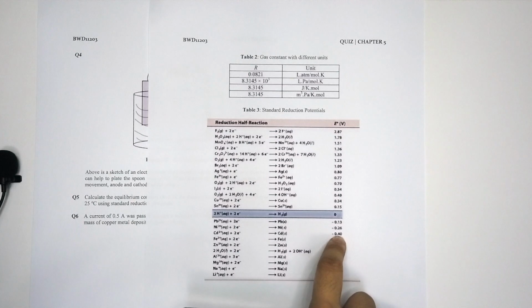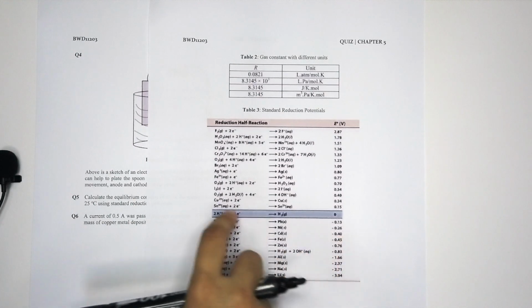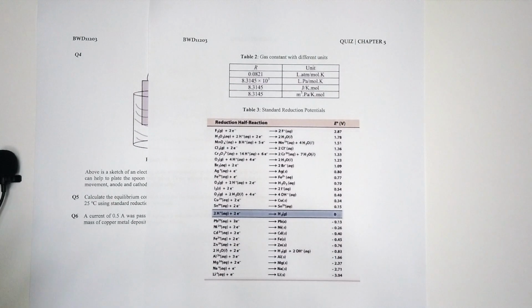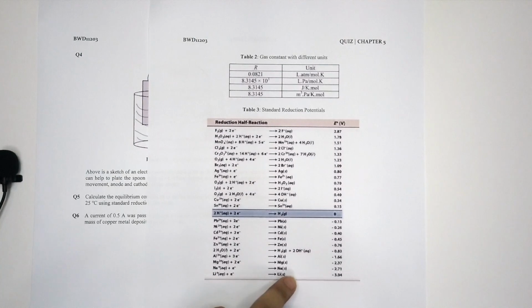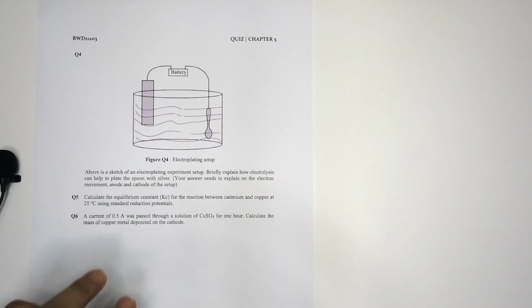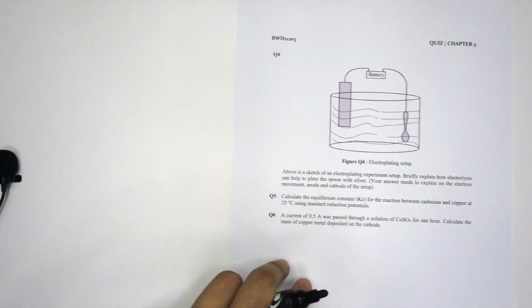Cadmium is negative 0.40, and copper is 0.34. The most positive one shall be the cathode because it will undergo reduction. So we know now the cathode shall be the copper and the anode shall be the cadmium.